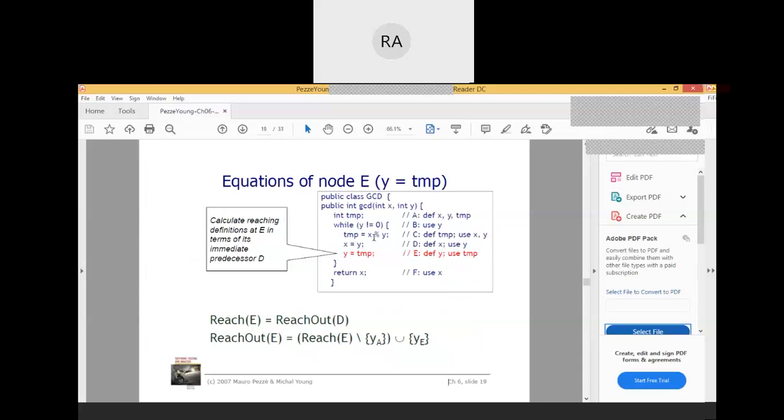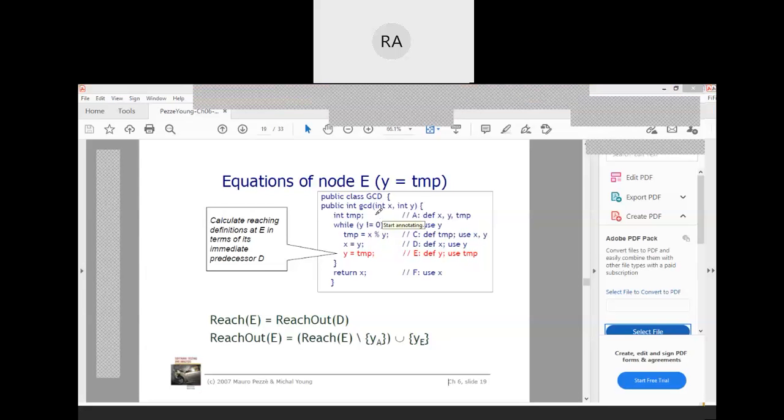Reach E is going to be reach out D. And how can I compute reach out E? That is reach E such that YA, the generation of the value Y, and the kill of value YA. If you traverse backwards, is there any point where I have defined the value for Y? At this point I have assigned the value.